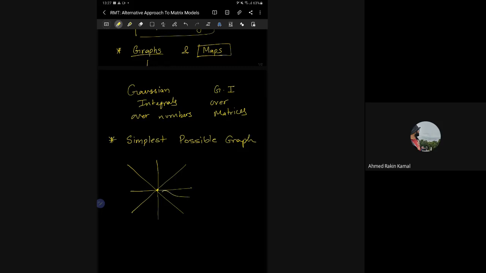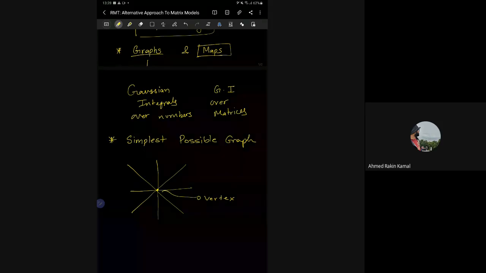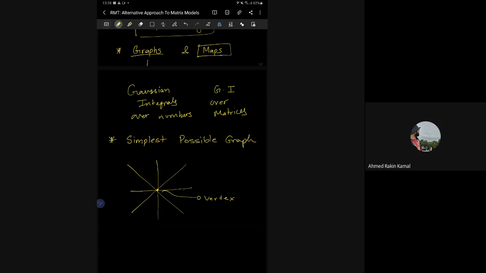We call this a vertex. And we call this graph of valency 8 because you can see 8 lines coming out of it. 1, 2, 3, 4, 5, 6, 7, 8. Let's say we join them like this and make a flower-like structure.